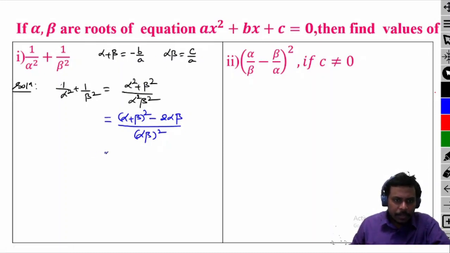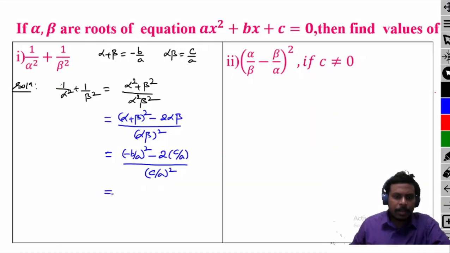Now let us substitute alpha plus beta in the above expression, that is minus b by a whole square minus 2 into alpha beta, which is c by a, divided by c by a whole square.